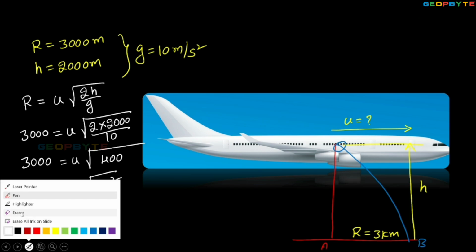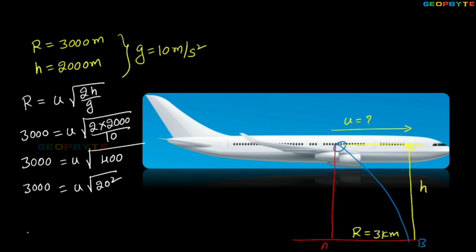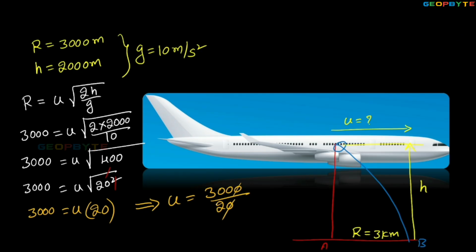Root over 400 is 20. So finally, 3000 equals u into 20. From this, the speed of the flight equals 3000 divided by 20, which is 150 meter per second.